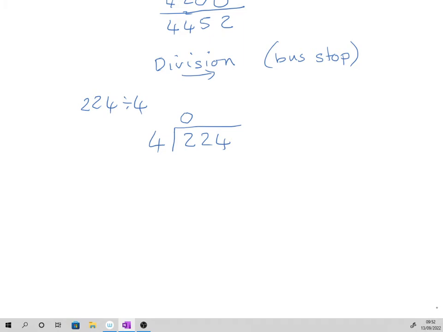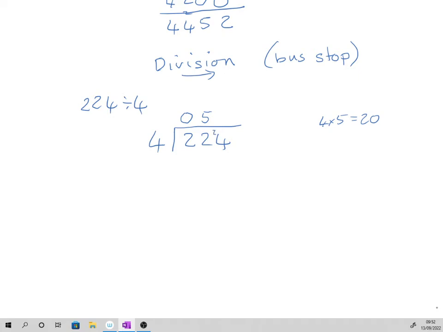So now we can't just ignore that 2 just because it didn't go in. What we've got to do now is go 4 into 22, and 4 times 5 is 20. So that's the nearest we can get. So we put 5 there. So 4 5s are 20, but we've got 2 left over. Can't ignore that, so I'm going to put the 2 there.